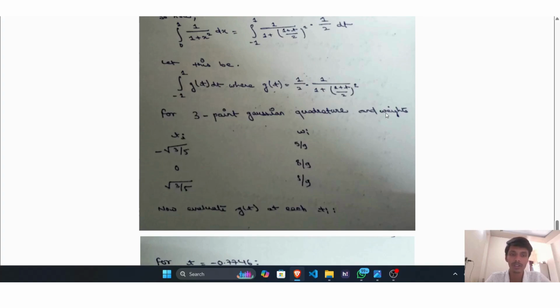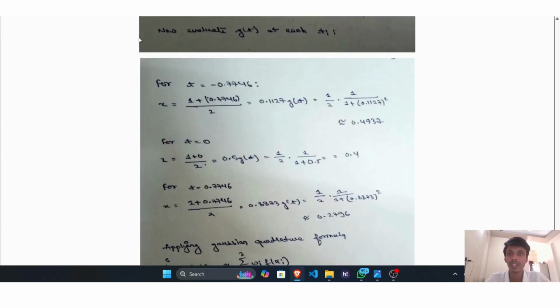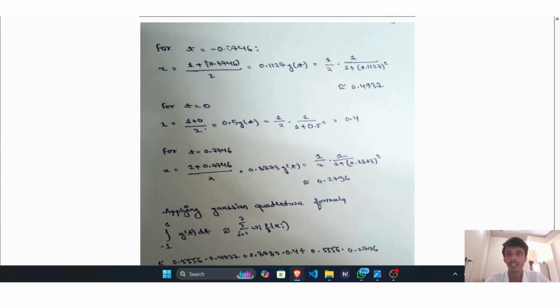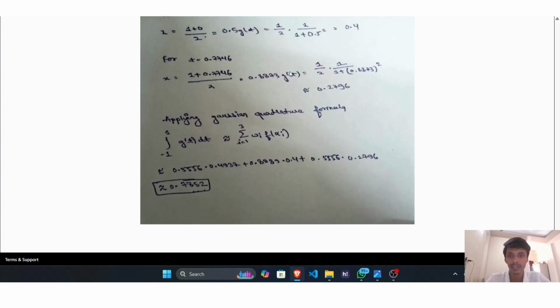For 3-point Gaussian quadrature, the 3 points are minus root(3/5), 0, root(3/5), where the weights associated with them are 5/9, 8/9, and 5/9 again. Now we evaluate g(t) for t equal to -0.7746, where x, replacing t, is 0.4379. For t equal to 0, x is equal to 0.5. For t equal to 0.7746, x is equal to 0.2796.